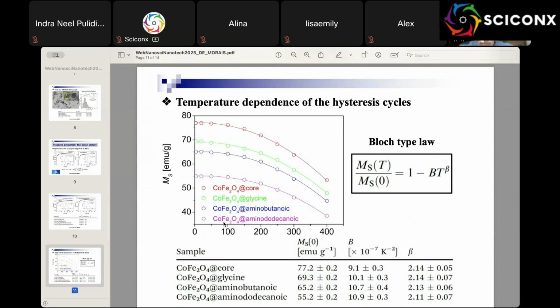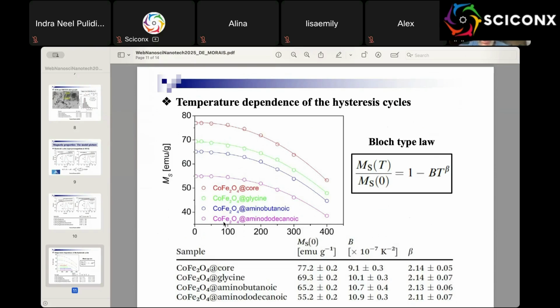So from this fitting, we can extract the normalized saturation magnetization of the sample. And then we can fit this and extract the B term, prefactor B, and also the exponent beta. And the table in the lower part collects those data.